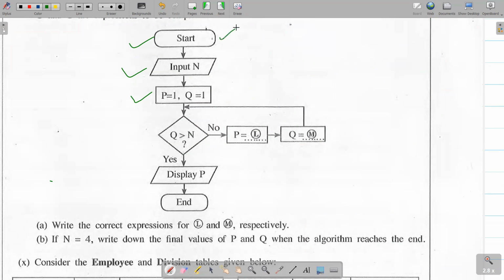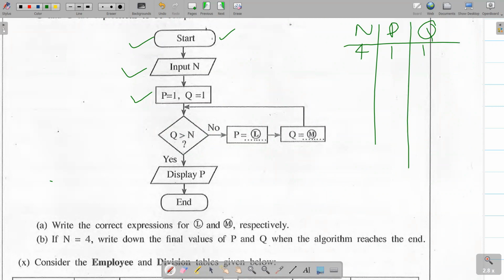Right, so it starts, it inputs n, it is given as 4. And P becomes 1, Q becomes 1. Then it asks whether Q is larger than n. So we know this is P equals P plus Q, this is Q equals Q plus 1.